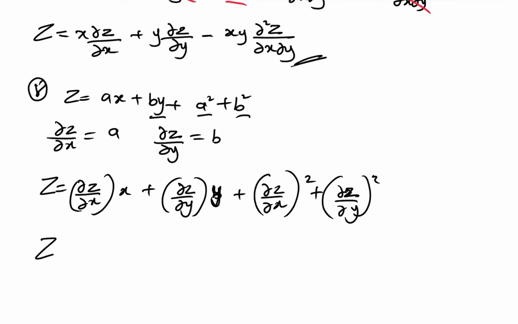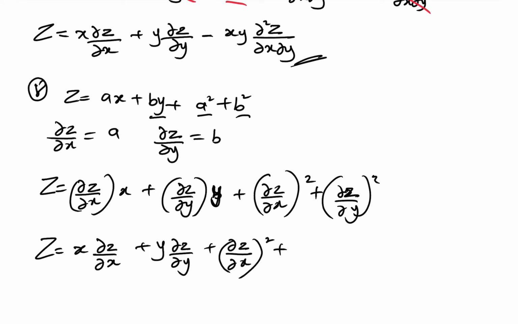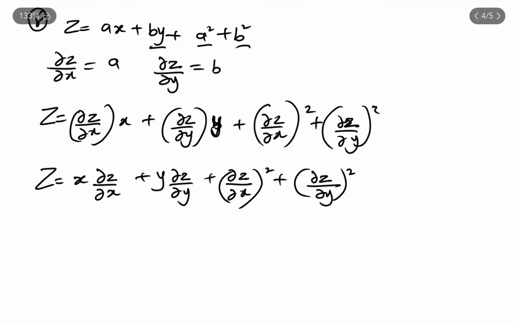So our final answer can be written in this form: x dz dx plus y dz dy plus dz dx all squared plus dz dy all squared. So that's it for that part.